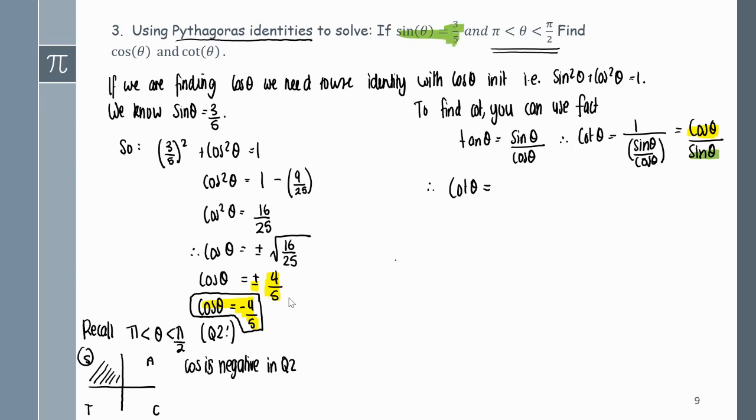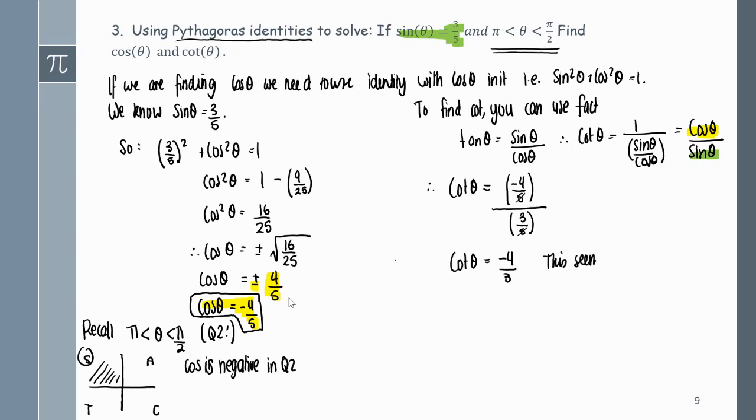And sine was positive 3 over 5, so I can put that on the denominator, and hopefully something will cancel out. See here that the 5's will cancel out as they're both on the denominators of their individual fractions. So we'll end up with cot theta equals minus 4 over 3.